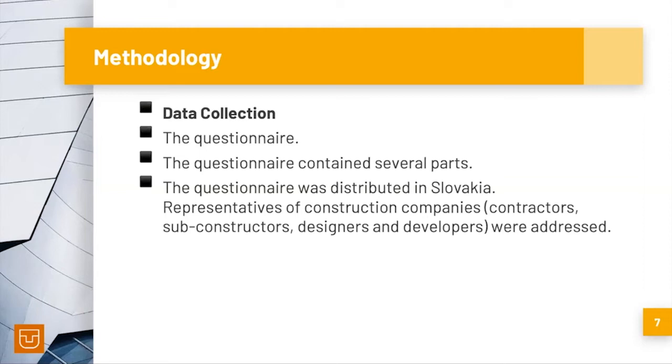The questionnaire was distributed in Slovakia. Respondents are from construction companies, that means from the participant of construction projects point of view, there are contractors, subcontractors, designers, developers, and investors.